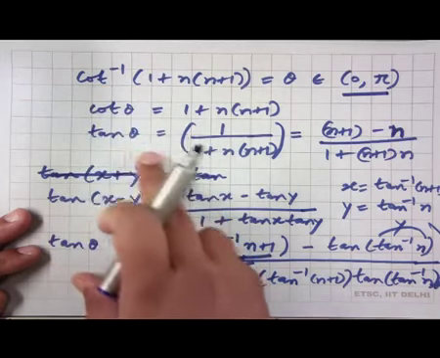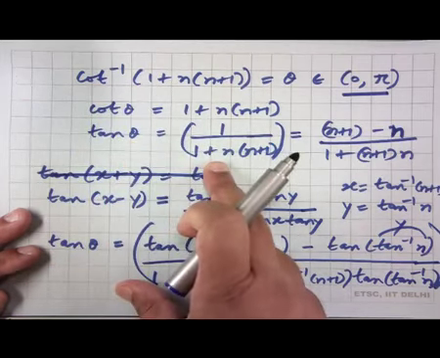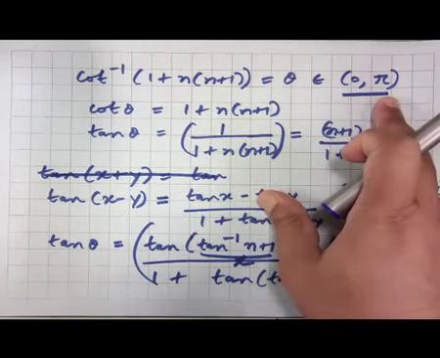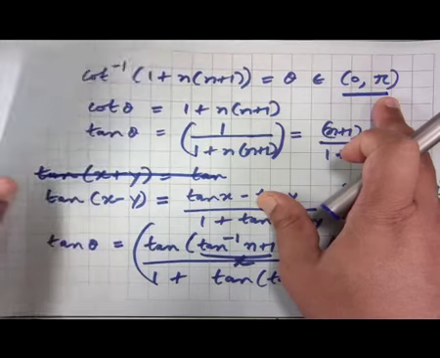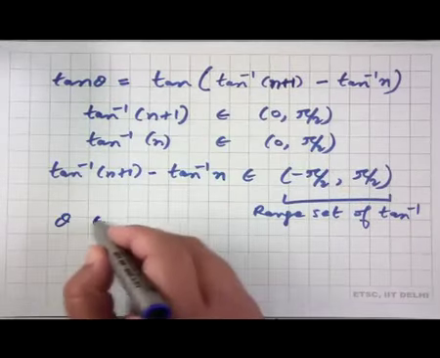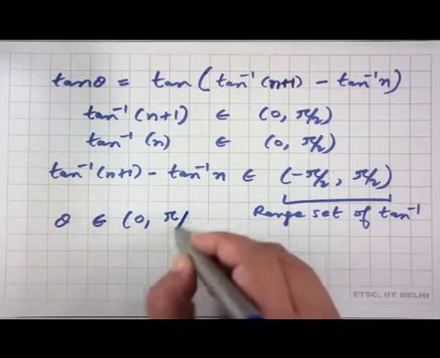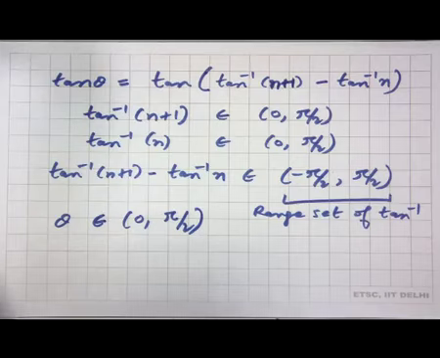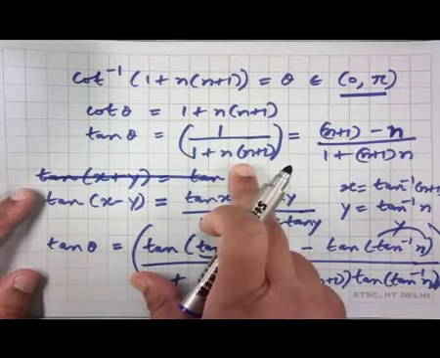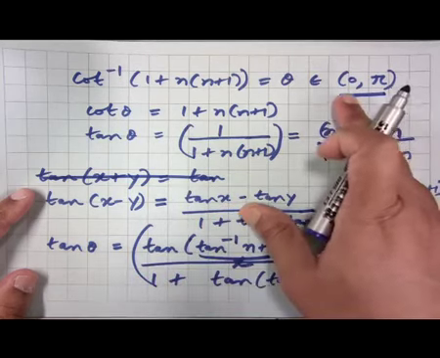But we now further know that tan theta is positive, and therefore, adding this fact along with the fact that theta must lie in the interval 0 to pi, we can say that theta must belong to the interval 0 to pi by 2. This is because tan theta is a positive value, and additionally theta must belong to 0 to pi.